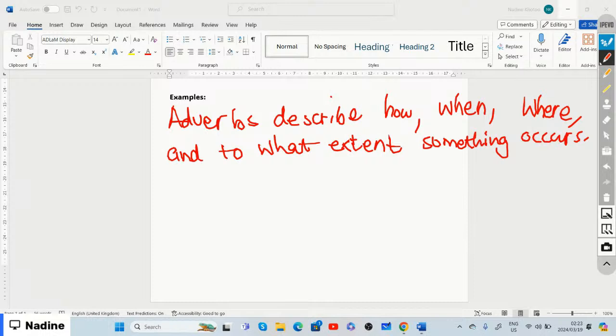And adverbs that tell us how end in ly, like hurriedly, quickly. Those are words that end in ly, and they tell us how. So the adverbs that tell us how usually end in ly.